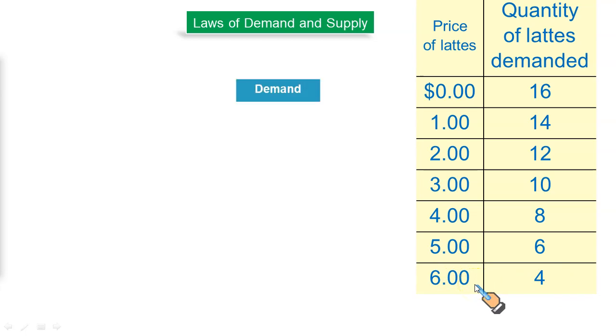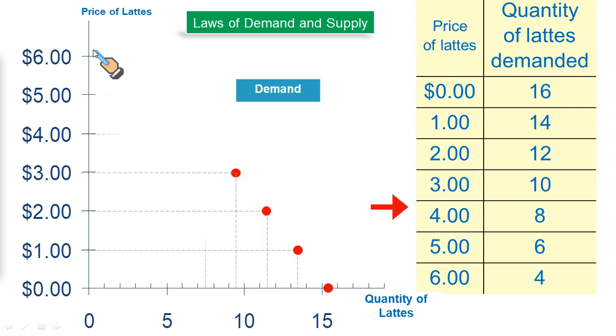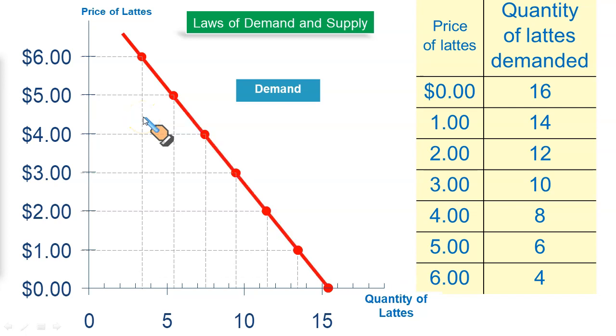Now, if you just plot this, where we take quantity of lattes on the x-axis and price on the y-axis, what you see is the combination 8, 4, and then 6, 5, and finally when the price is 6, only 4 lattes are demanded. So this is what you call the demand curve.